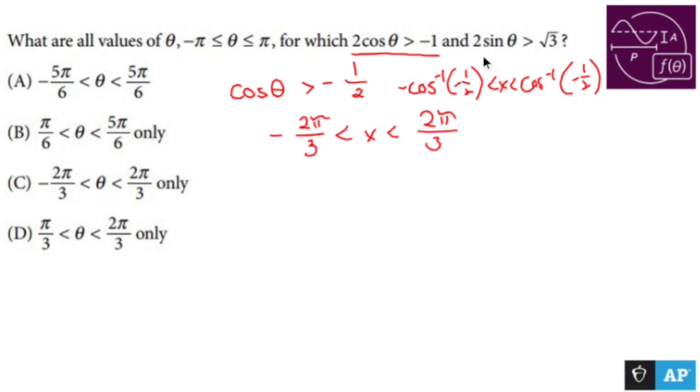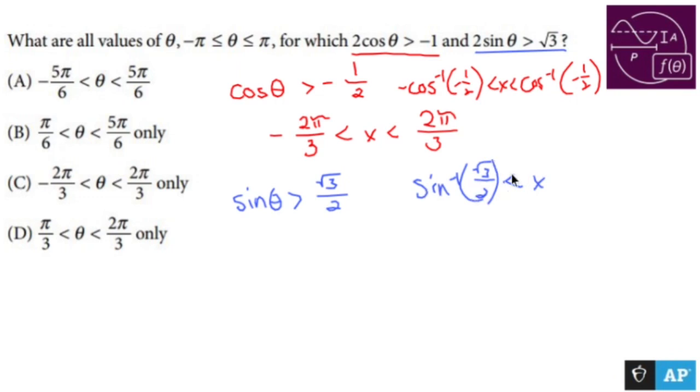The other guy, and of course this is a keyword and, I'm going to divide both sides by 2 again, and that's going to give me sine theta is greater than root 3 over 2. Now there's a rule for sine that says if you have sine of theta is greater than stuff, then you take the inverse sine of that stuff, in our case root 3 over 2.